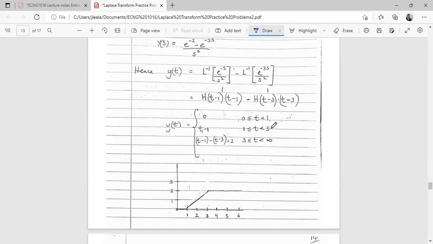So this is easy to sketch, right? Between 0 and 1 it is 0. So this is your y(t) axis here, and this is your t axis here.